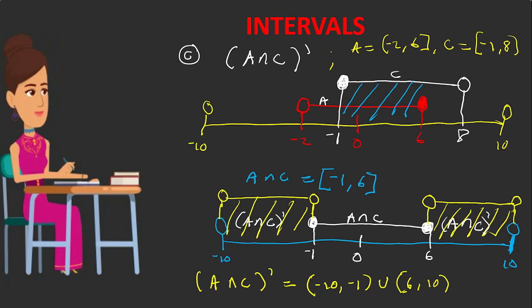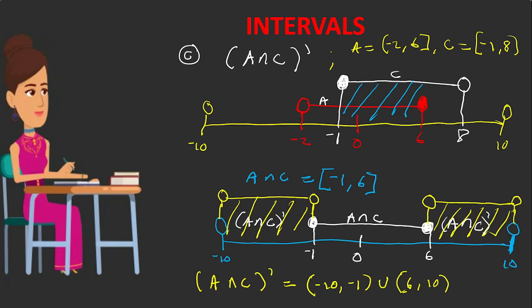So this thing can be represented on the number line, and that part can also be represented on the number line. So you can just simply say negative 10, which is open, and positive 10, which is also open. One thing that you need to understand is that this time around we are moving from negative 1 and 6, and both are open.